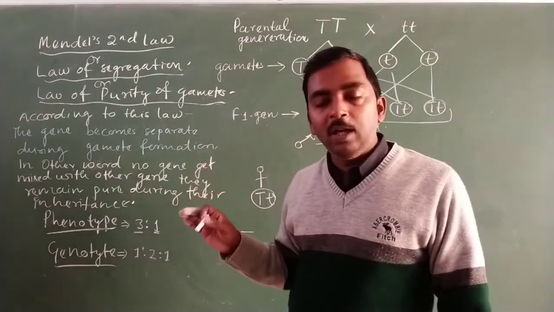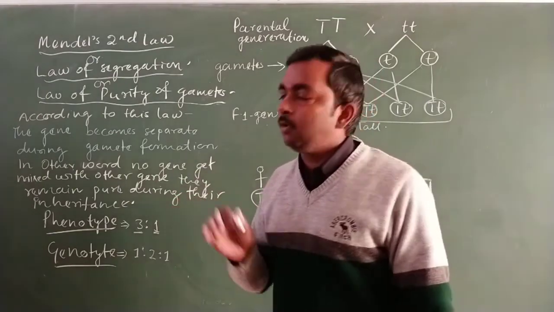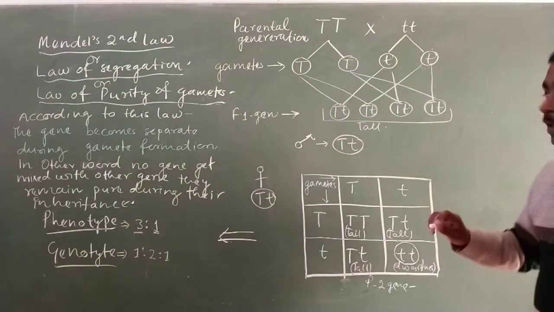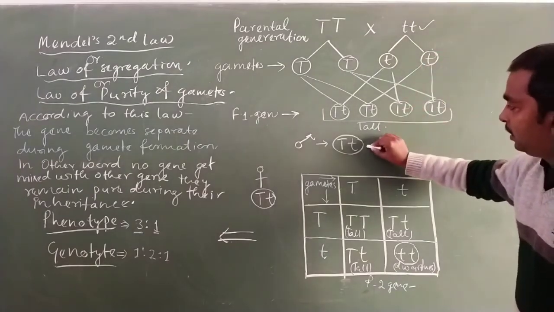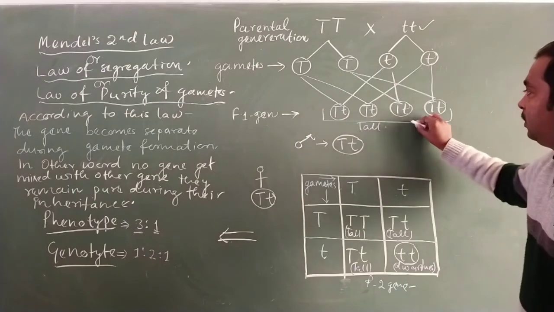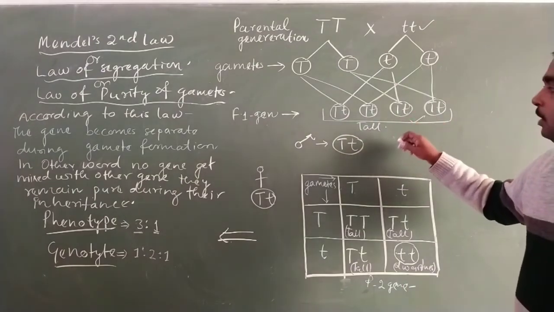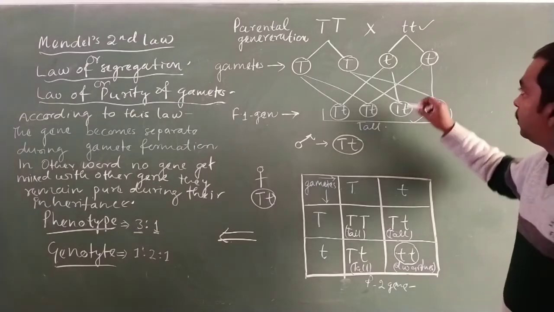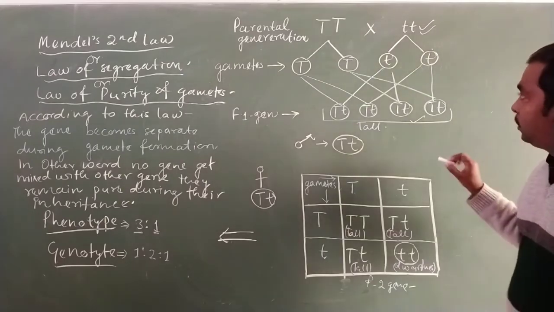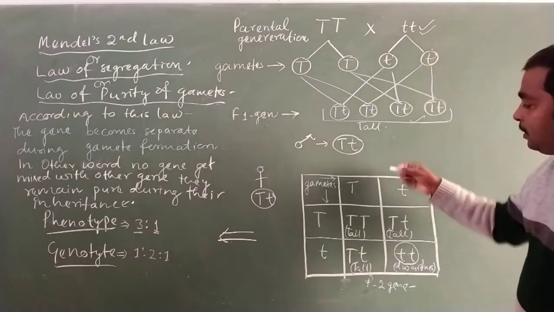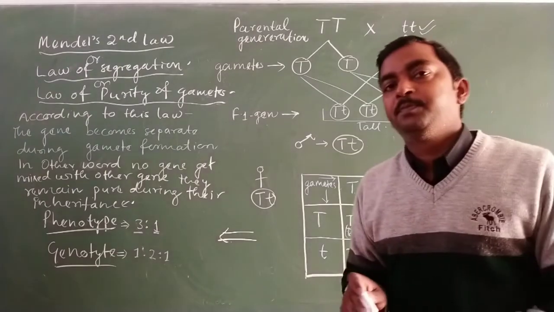It means the gametes remain pure related to their genes, because from the result we can see that the gene of dwarfness which disappears in the F1 generation, in the F1 generation no seed or plant shows the characteristic of dwarfness, but this feature of dwarfness reappears in the F2 generation as a 1 ratio.